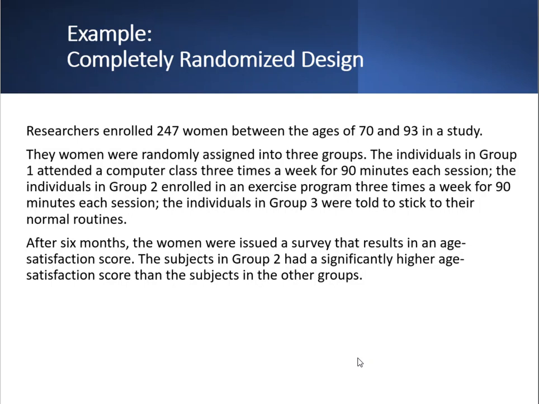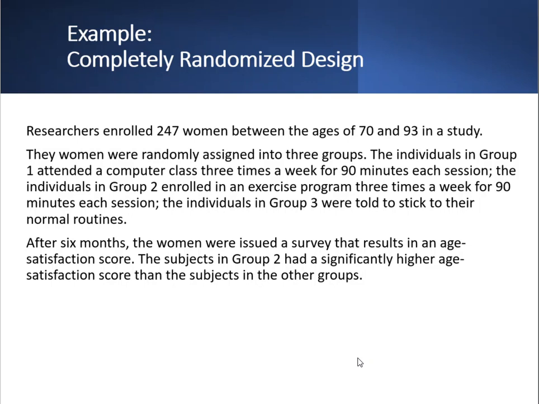In this case, we have an example of what's called a completely randomized designed experiment. And what that means is we're going to randomly assign people into the groups that we want to look at.